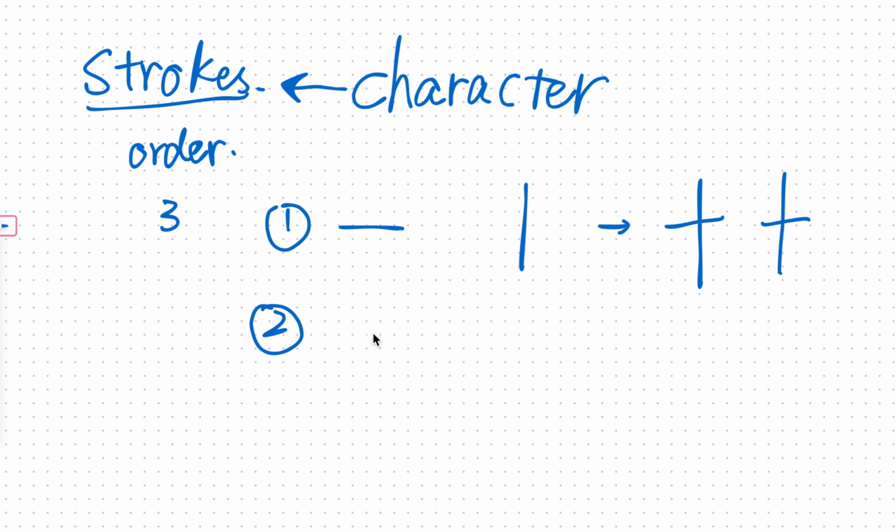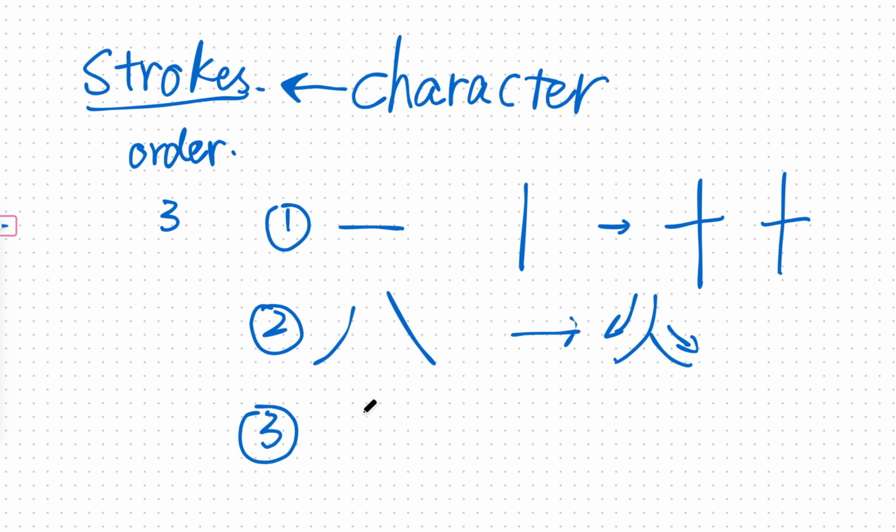Second, go to the left first, then go to the right. For example, in this character, you go horizontal, you go to the left first, then go to the right. And third is build the outside first, then what's inside.